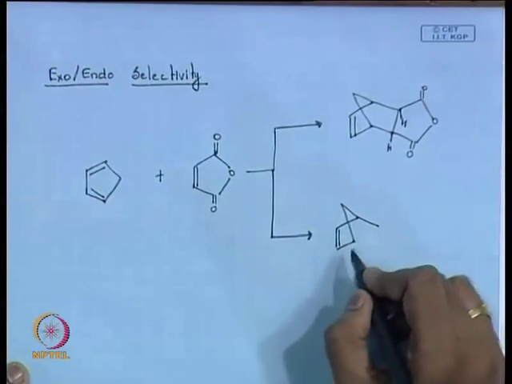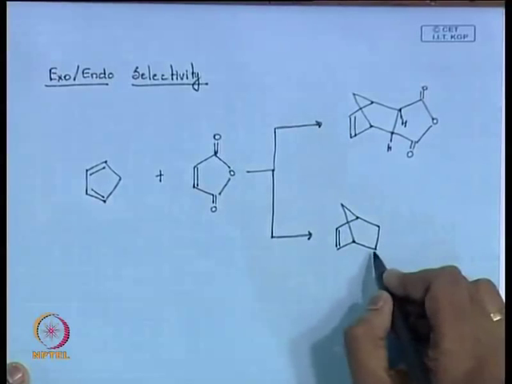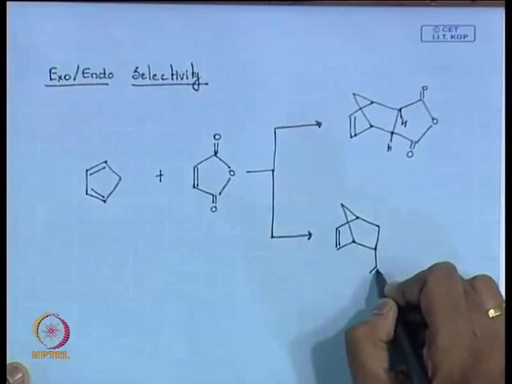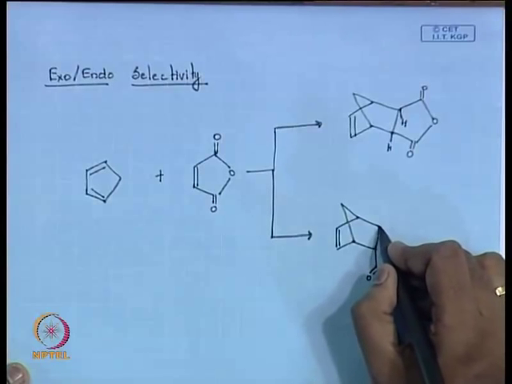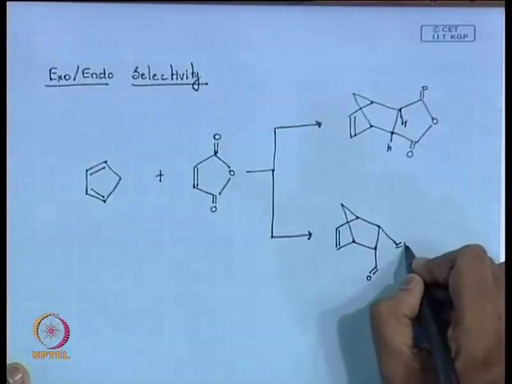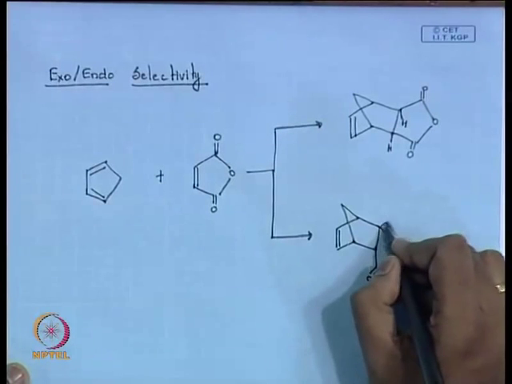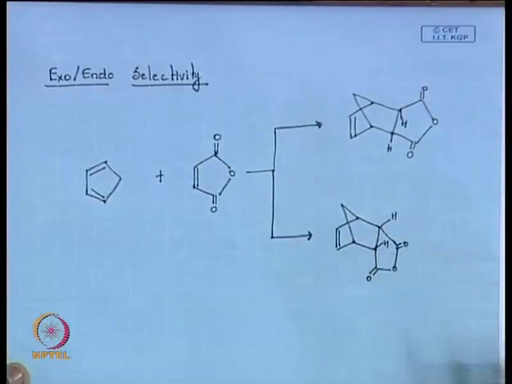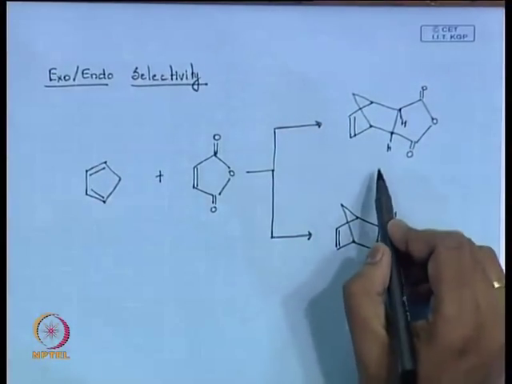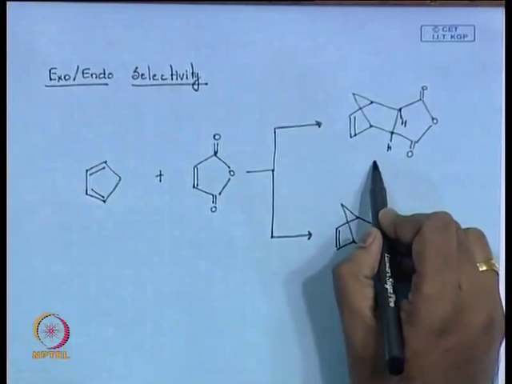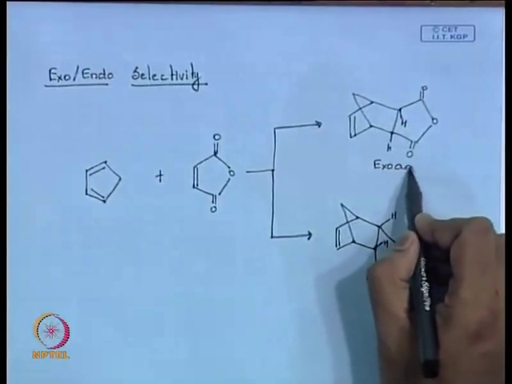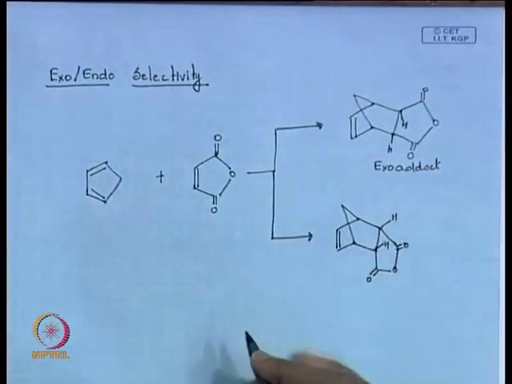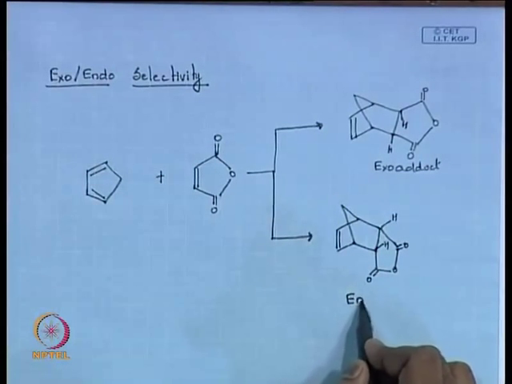In another case, I can think about it inside. So, I can write basically two products. One, which is away from the ring, we call as exo adduct, and which is inside, we call as an endo adduct.